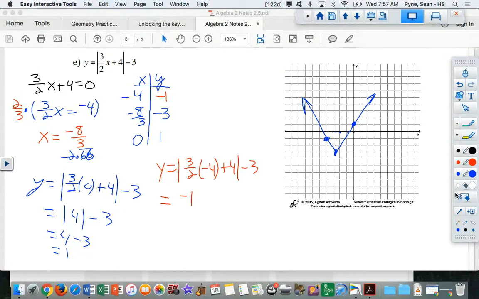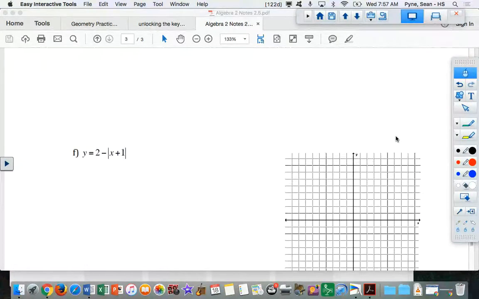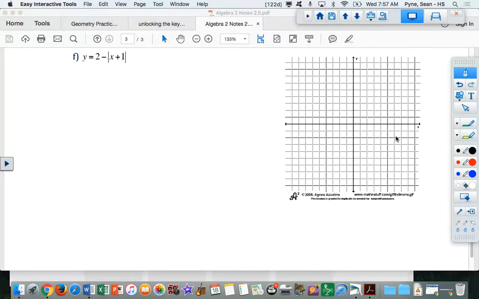All right, next one. What I'd like you guys to do is find the V first, the vertex. The 2's on the front.